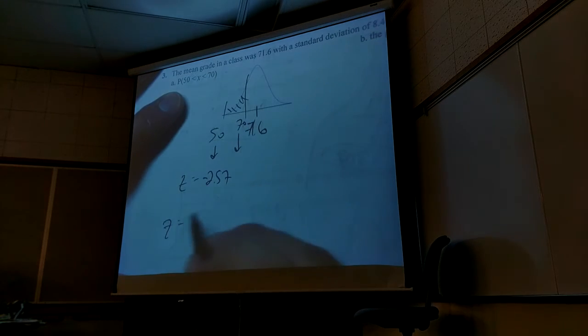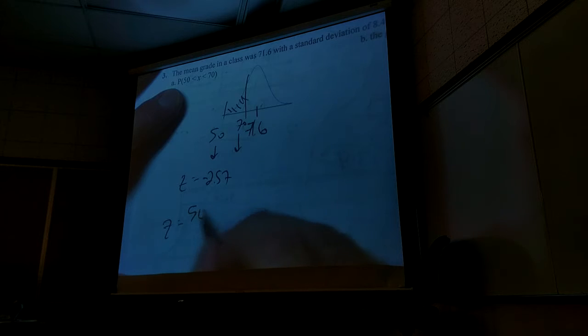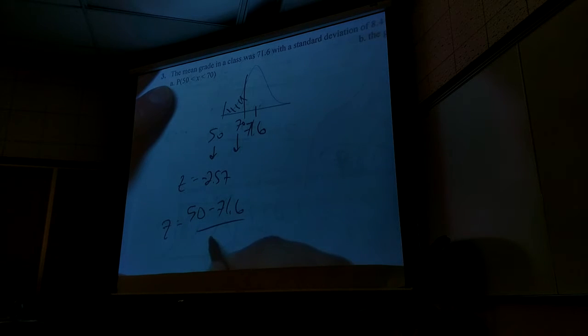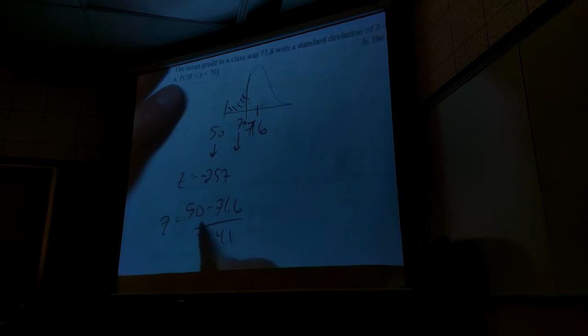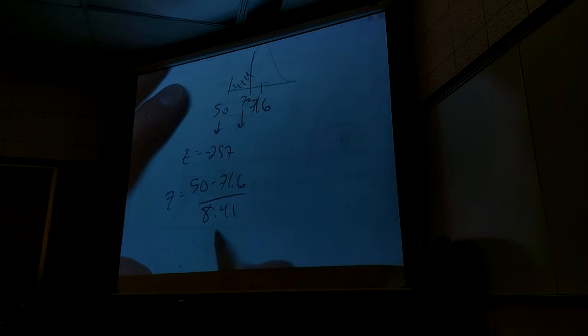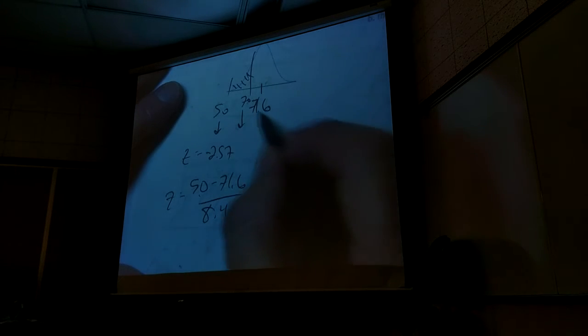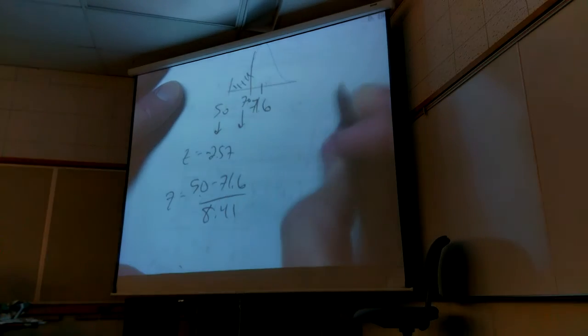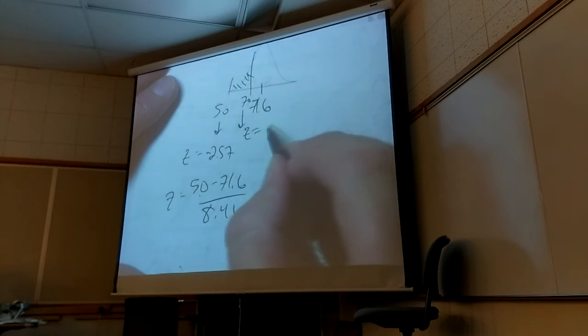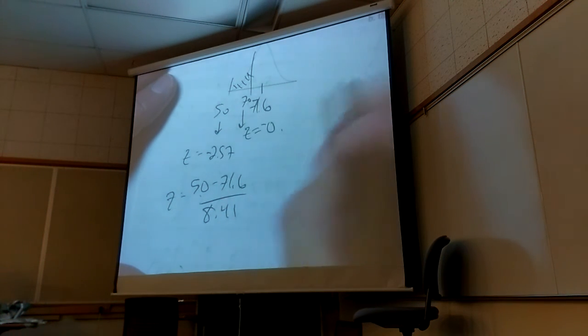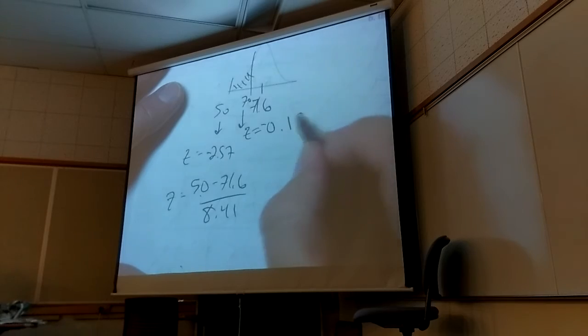And again, in case you didn't get this far, this would be 50 minus 71.6 divided by 8.41, right? X minus the mean divided by the standard deviation. And for 70, what would the z-score be? Negative 0.19.